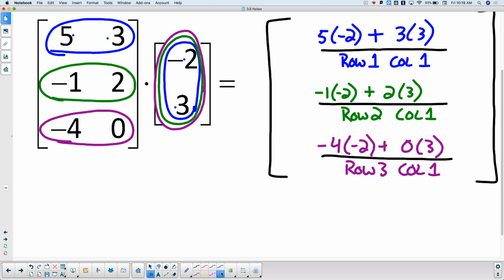Now, I'm going to do some math. 5 times negative 2 is negative 10. 3 times 3 is 9. Negative 1 times negative 2 is 2. 2 times 3 is 6. Negative 4 times negative 2 is 8. 0 times 3 is 0.